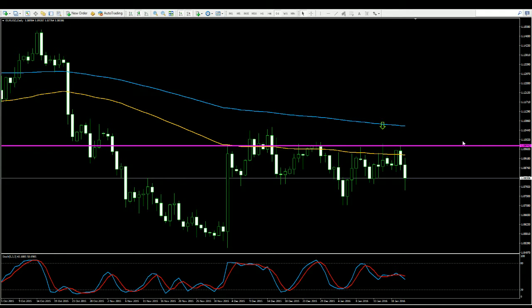So this resistance line is based on these tops, these candles that have been touching it. So you come to the chart, you look at the daily charts, and you work yourself down. Start at the higher time frames and you spot the highs and lows, the candles, and you draw your line.